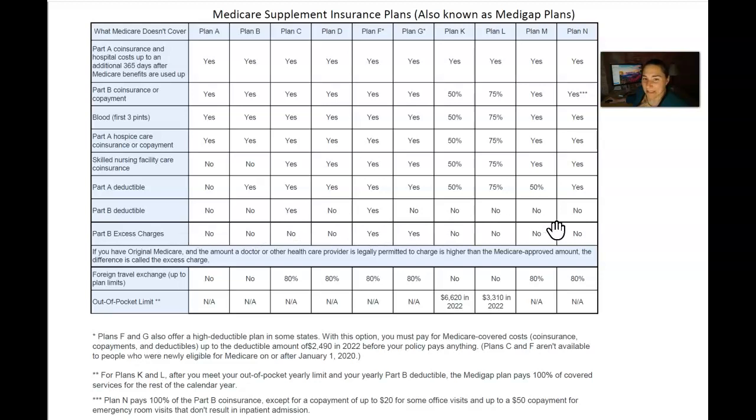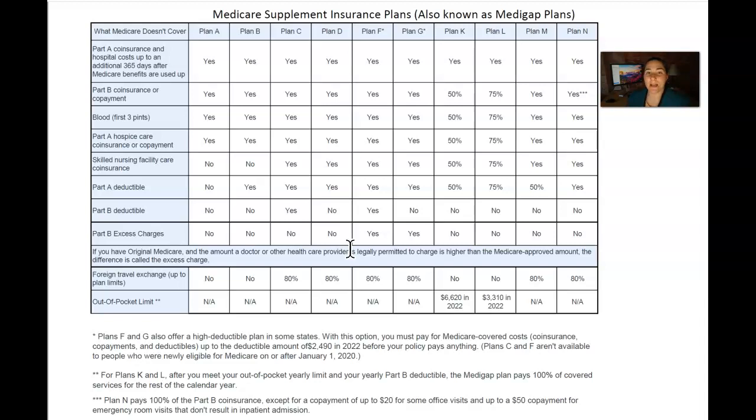So that brings quite a bit of attention to what excess charges are. I pulled this right from the Medicare.gov site. If you have original Medicare and the amount a doctor or other healthcare provider is legally permitted to charge is higher than the Medicare approved amount, the difference is called excess charges. What that is basically saying is original Medicare has a menu of all the different services that can be provided to you by providers, along with the cost that they will give to the provider.